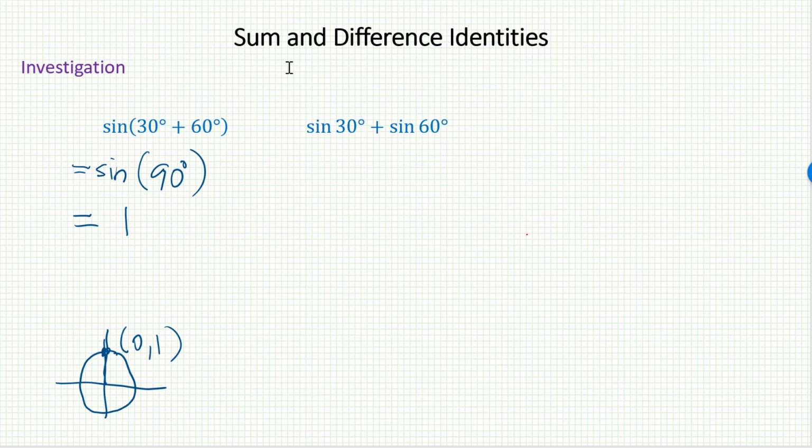For the other expression, sine 30 degrees plus sine 60 degrees, I can draw some quick reference triangle pictures. So let's see, 30 degrees, we've got 1, root 3 and 2. Sine is opposite over hypotenuse, so sine of 30 degrees is 1/2.